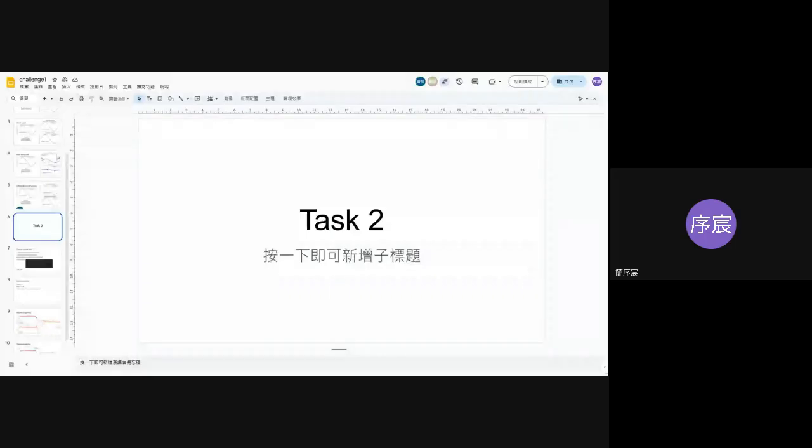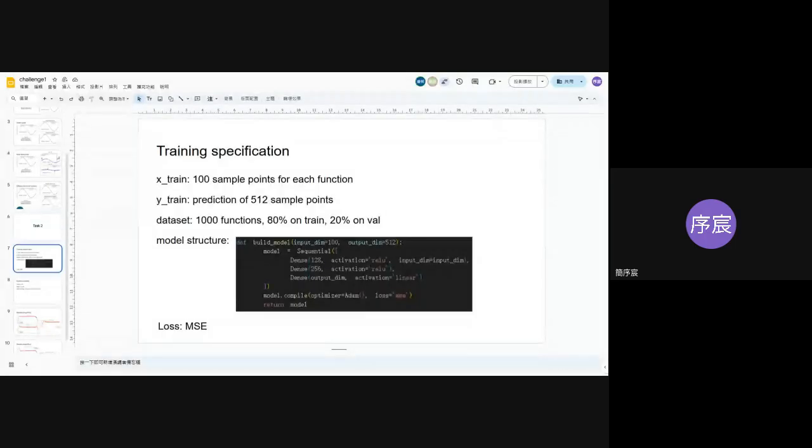Okay, here comes my PowerPoint, and it's just what it says. X-train is 100 sample points for each function, and Y-train is the predicted 512 sample points. The dataset is 1,000 functions, 80% for training and 20% for validation, and this is the model structure.